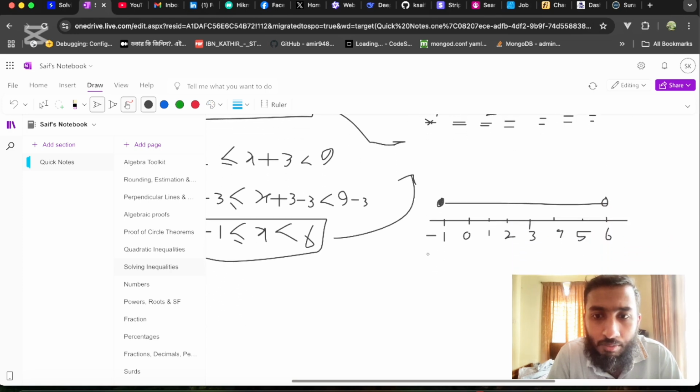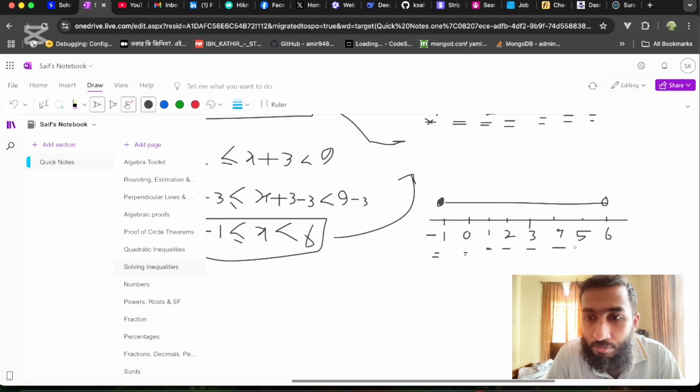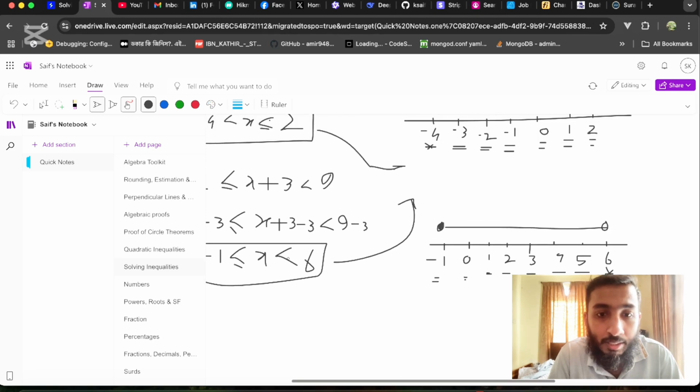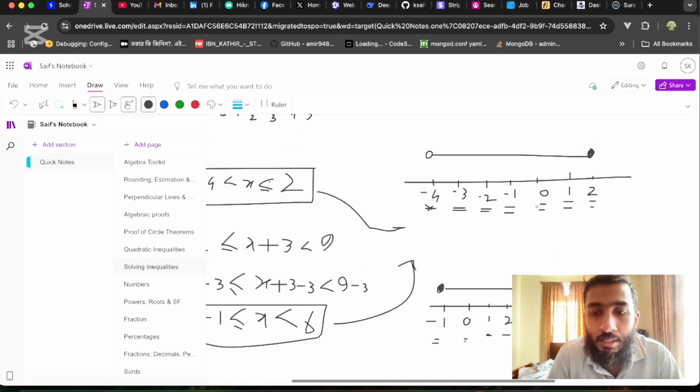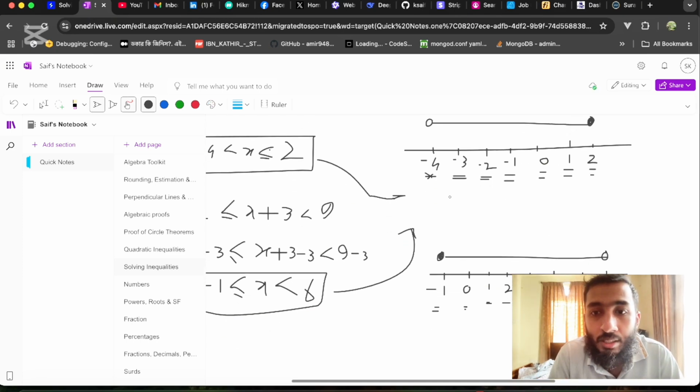And what are the values in this inequality? Minus 1, 0, 1, 2, 3, 4, 5. And 6 is not included because it's not less than or equal, it's only less than. So these are the values here. What are the common values of these two sets of values?